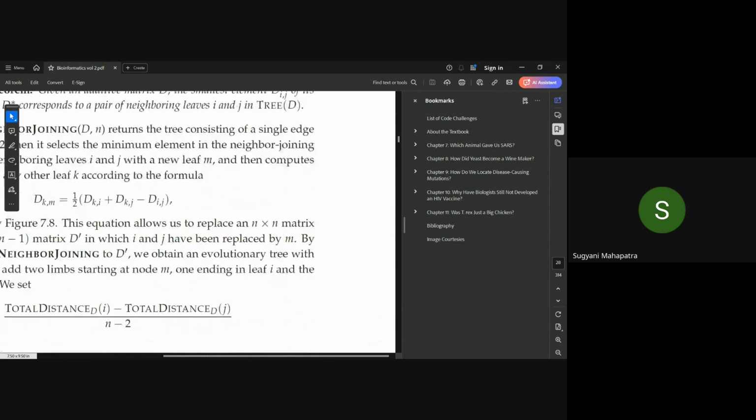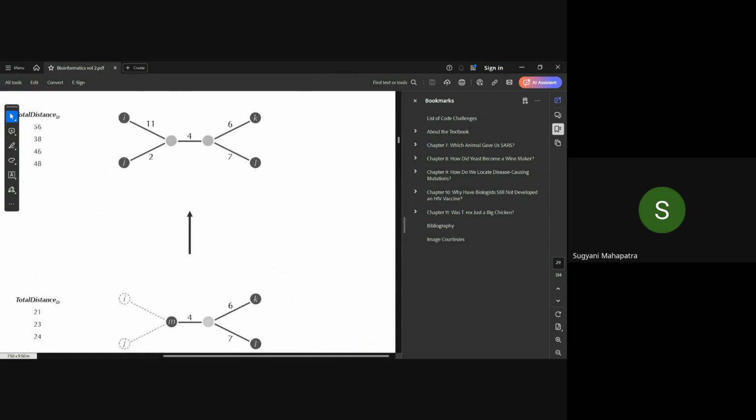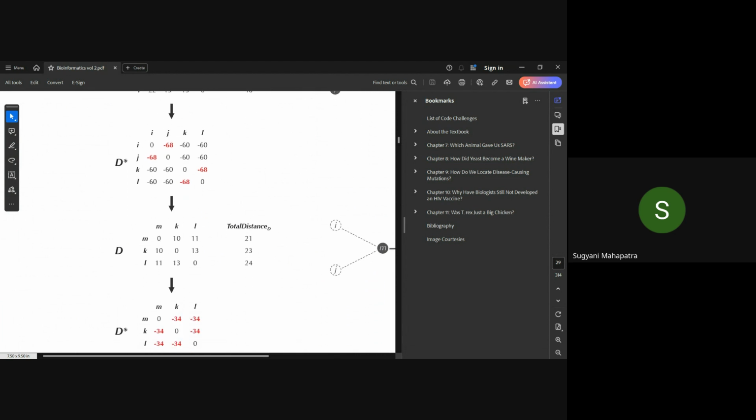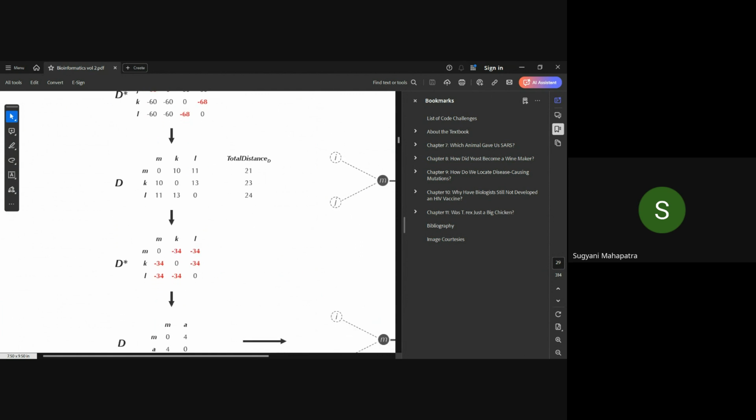Total distance is basically the row sum or the column sum; you can take either. You should be careful: when computing the first D star, n is equal to 4. But now you have removed i and j and added the new node m, so we have only three nodes. When computing D star on this matrix, n will be equal to 3.